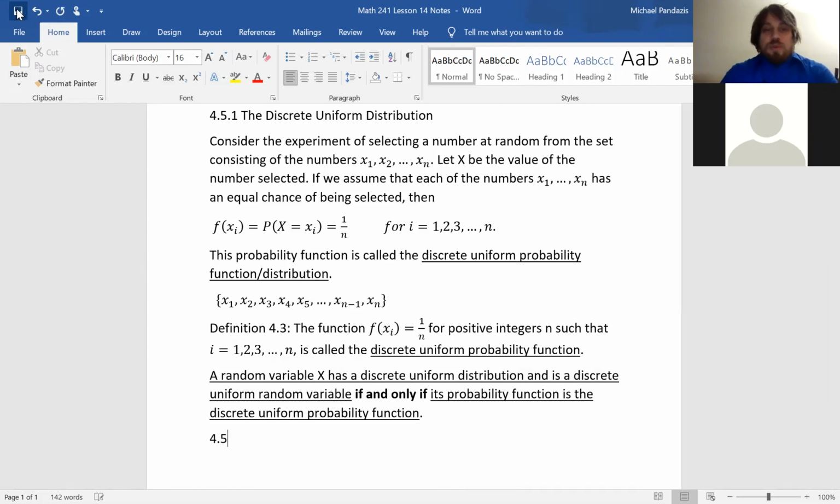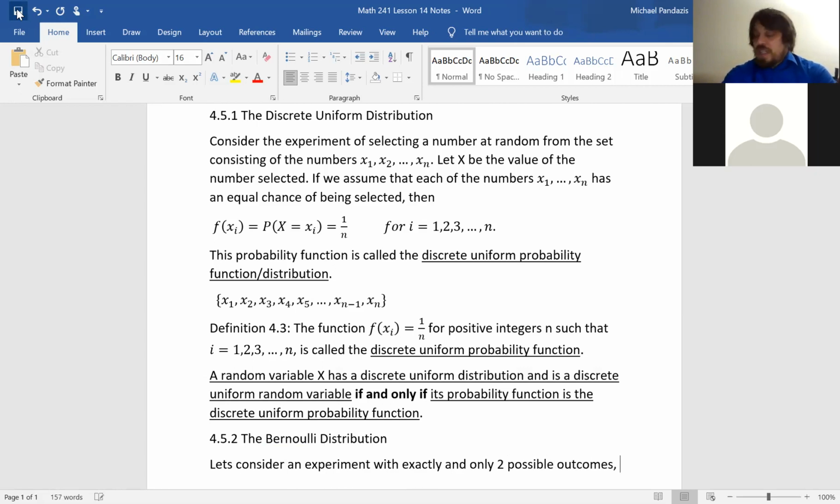So next is 4.5.2, the Bernoulli distribution. Okay, so let's consider an experiment with exactly and only two possible outcomes, either success or failure.